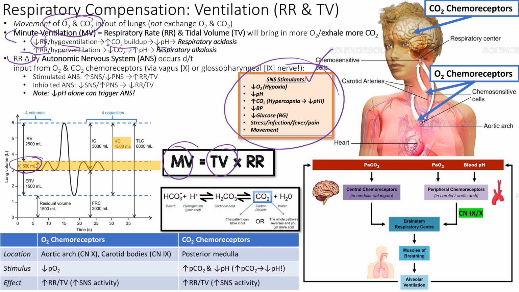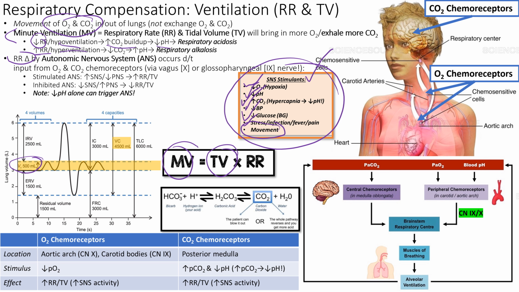What makes you breathe faster? Well, these are also the causes for respiratory alkalosis, right? Someone's hypoxic, someone has a low pH, someone has a high CO2, someone has a low blood pressure, right? Someone has a low blood sugar, right? Someone is stressed, has infection, fever, pain, right? Those are going to trigger the SNS, and you can develop respiratory alkalosis, right?